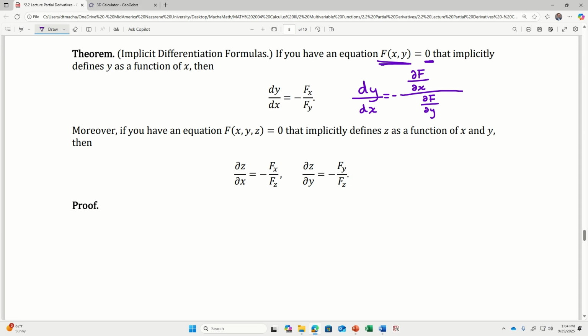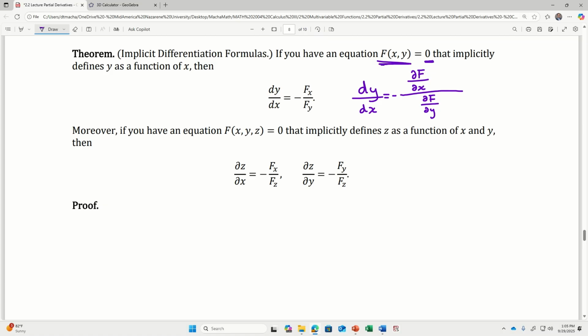So if you subscribe to the idea that dividing is the same thing as multiplying by the reciprocal, then you would say, well, partial f over partial x times partial y over partial f would have the partial f's cancel, and then you would have this weird situation where dy/dx is equal to negative partial y over partial x. Doesn't really make sense.